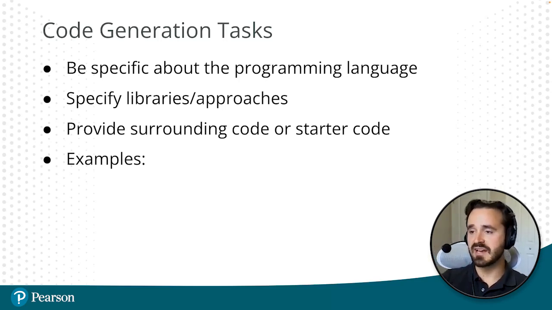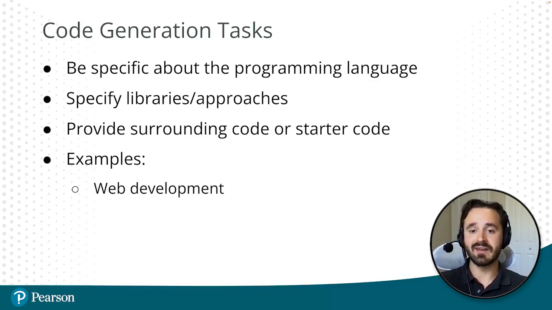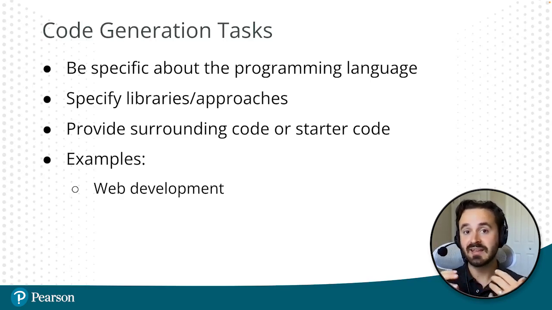So just to give you some examples of what we might want to use code generation tasks for, web development is an obvious one. In addition to being able to come up with the logic for different websites, it can also help you develop things like basic styling. So it can write CSS to add colors and different styles to your website, as well as coming up with the actual interface in general.